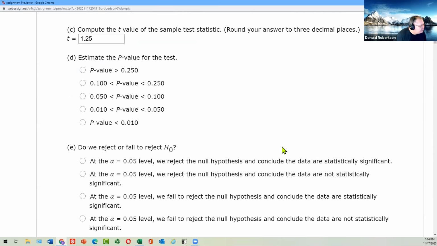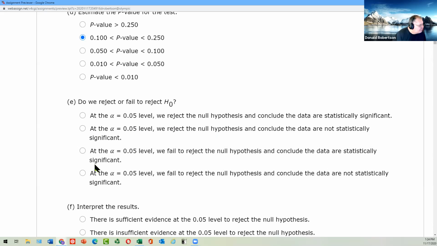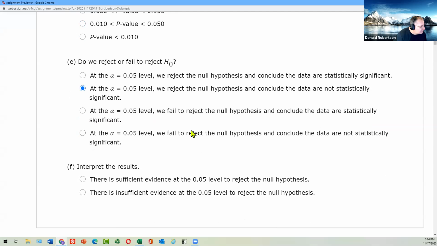0.22 makes it that one, right? Would you agree 0.22 is somewhere between here and here? And do we reject or fail to reject? We fail to reject, don't we? So it's that one.